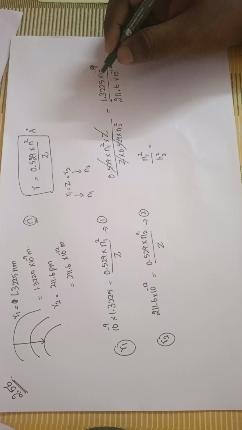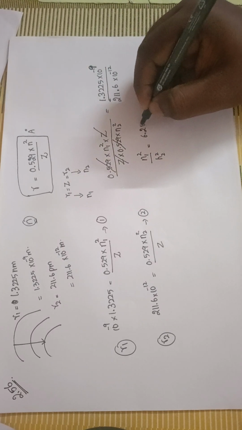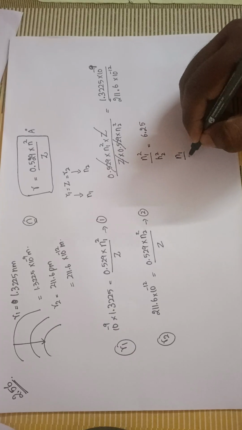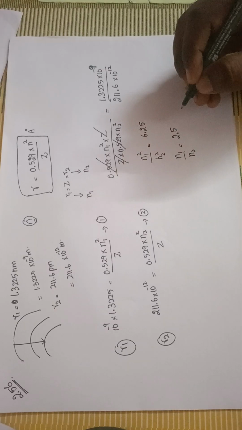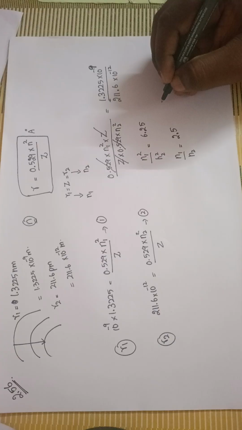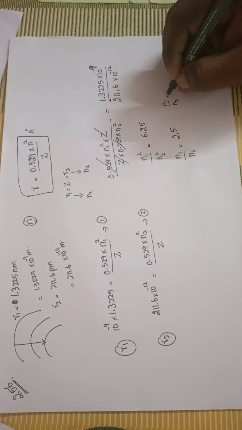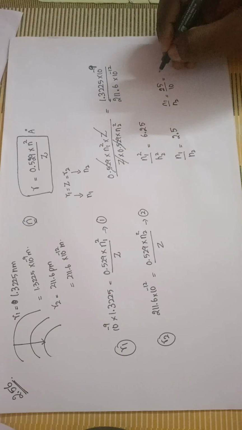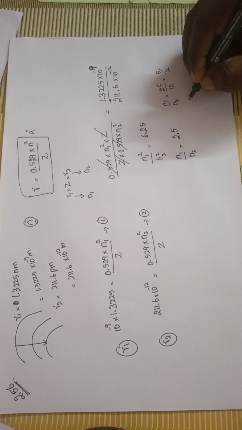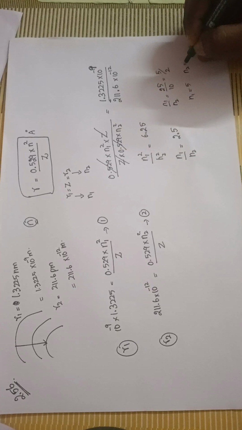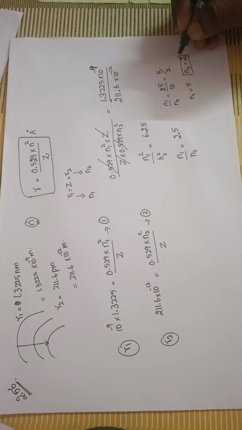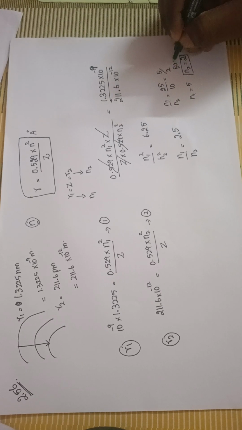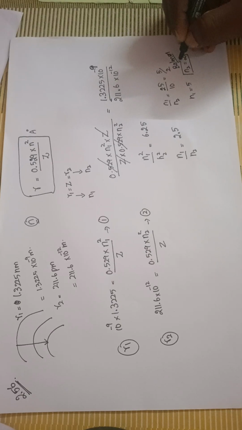On solving this, you get 6.25. So n1 by n2 equal to square root of 6.25, which is 2.5. So n1 by n2 equal to 25 divided by 10. When you divide by 5, you get 5 by 2. So n1 value is 5, n2 value is 2. So n2 is 2, it is the Balmer series.